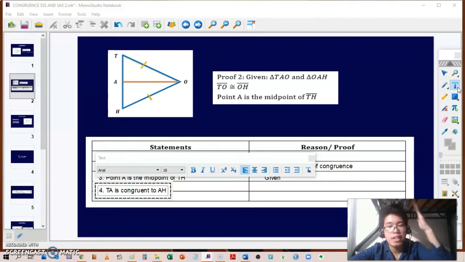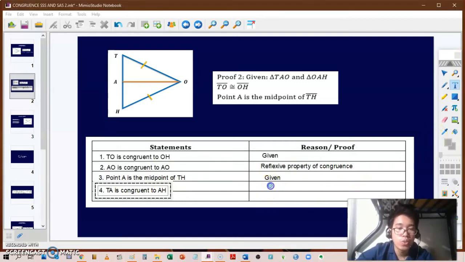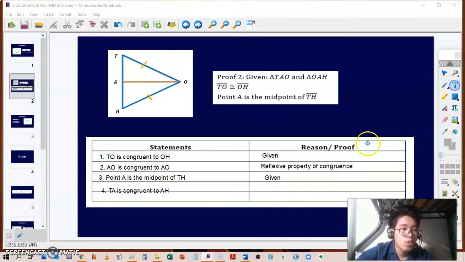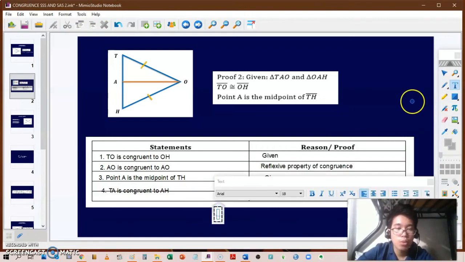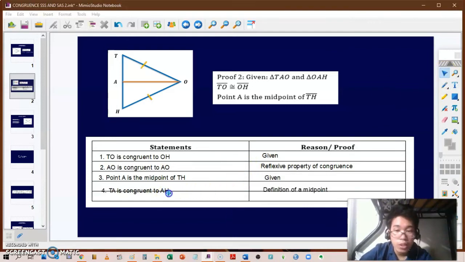It divides line segment TH into two congruent parts, line segment TA and line segment AH. Therefore TA is congruent to AH based on the definition of a midpoint. So we write here: definition of a midpoint.